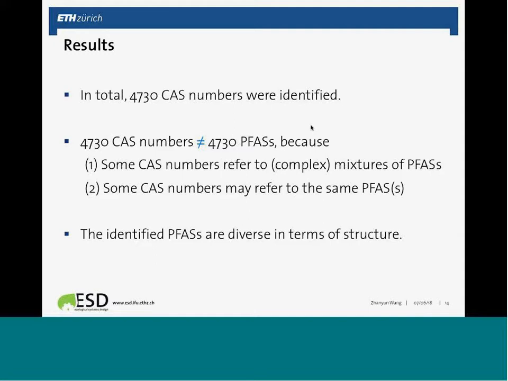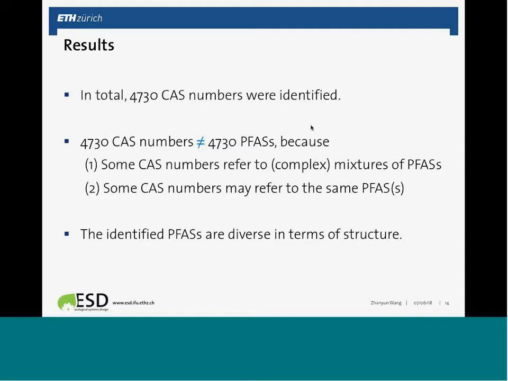I think this will need some more work, also to clarify what these mixtures are, and then we can get a better understanding of how many individual substances there actually are. But at least for now, we have a set of over 4,000 CAS numbers.